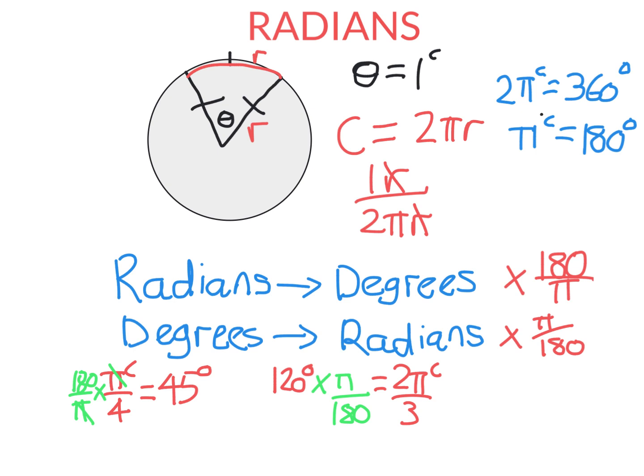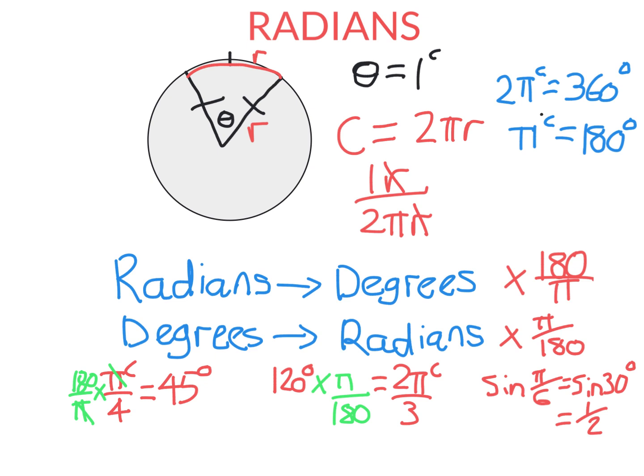So of course we know some exact values in degrees, now we know them in radians. So if I wanted to know the exact value of, let's say, sine of pi over 6, well that is the same as sine of 30 degrees. Pi on 6 times 180 over pi is 30, so sine pi on 6 is equal to a half.